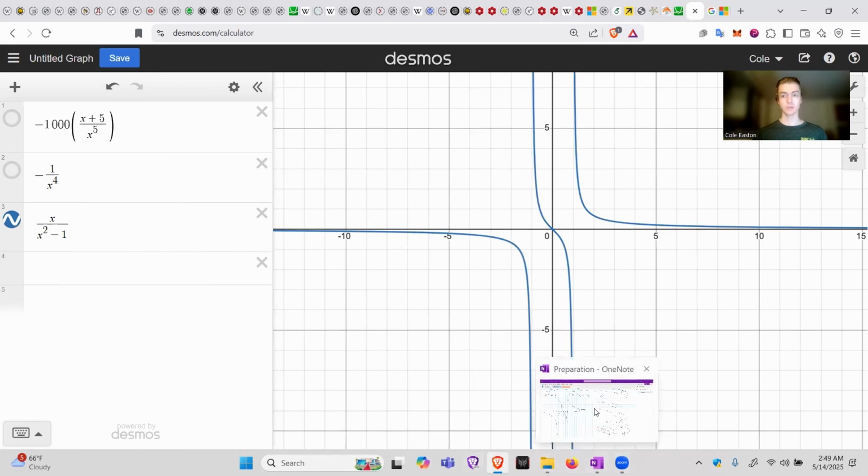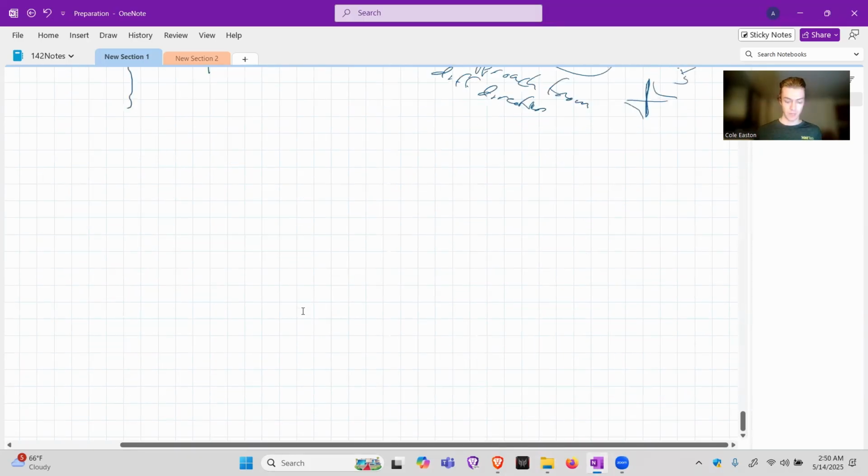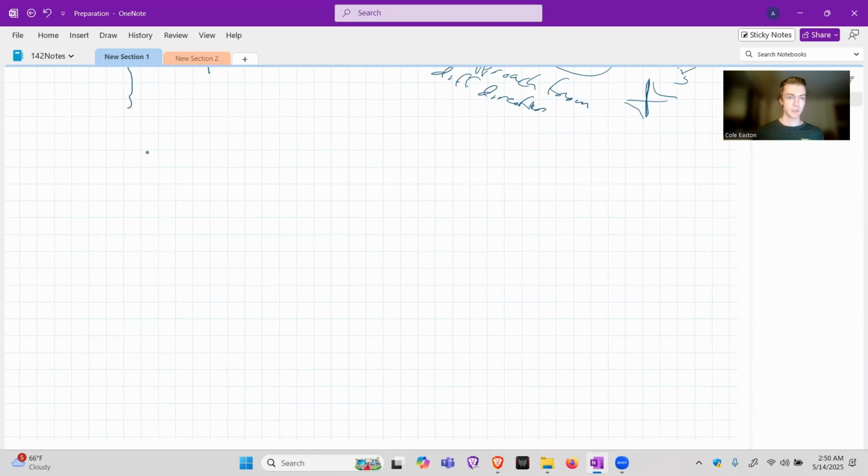And let's do one more. That should be good. Let's do something kind of related because I just want to compare what these two functions look like. Let's go 1 over x squared minus 1. So this is 1 over x minus 1, x plus 1. This is supposed to be squared.